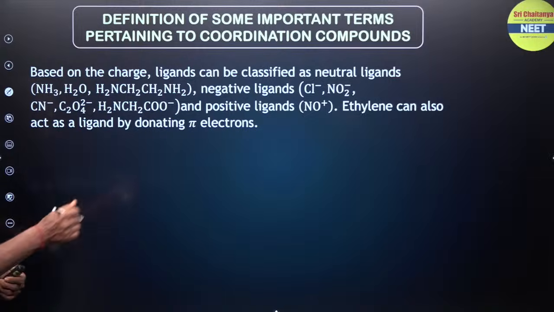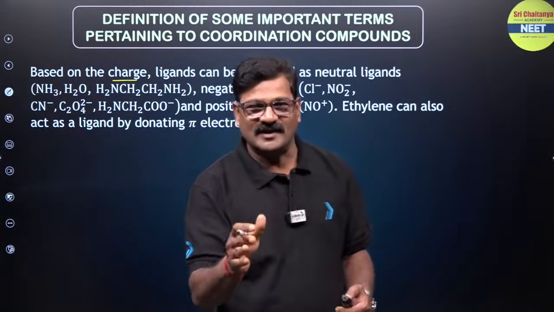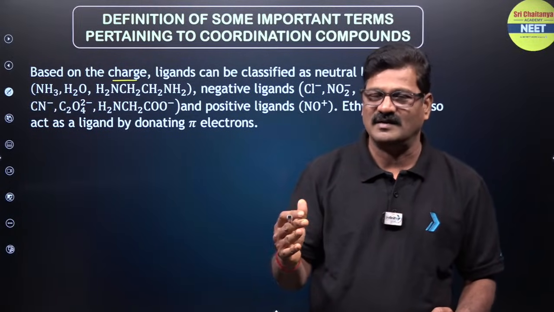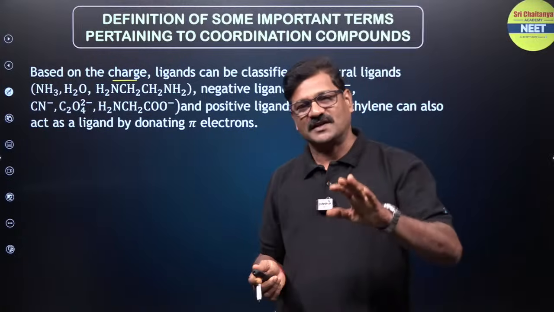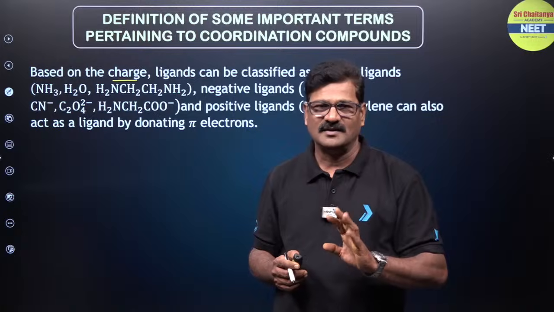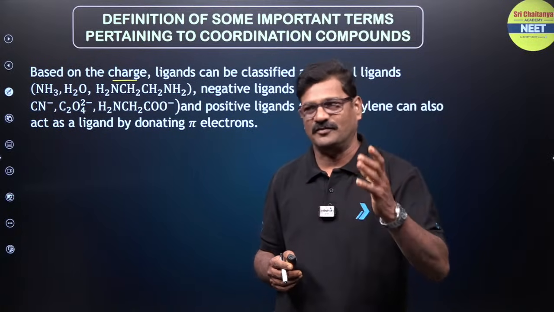Based on the charge, a ligand can be neutral, cationic, or anionic. Most of the cases we have either neutral ligands or mostly negative ligands. Positive ligands are not that frequent.